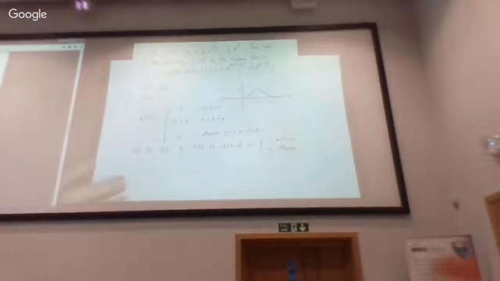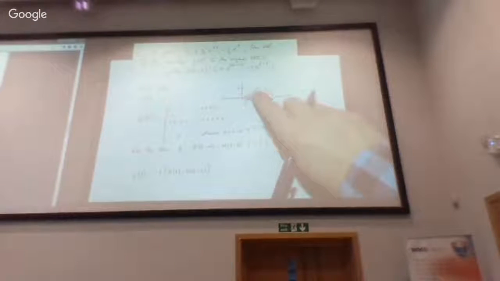We can use that idea to write f of t as t times h of t minus h of t minus 2. This bit is a chunk that's 0 everywhere except between 0 and 2, and between 0 and 2 it's equal to t.